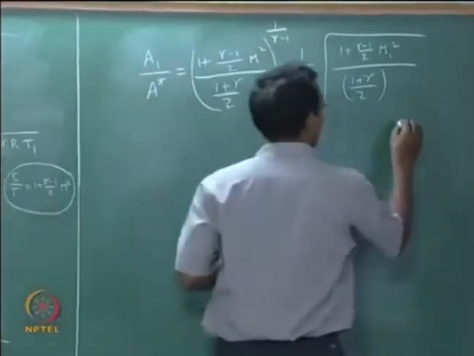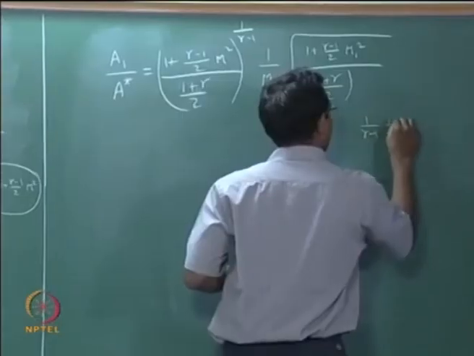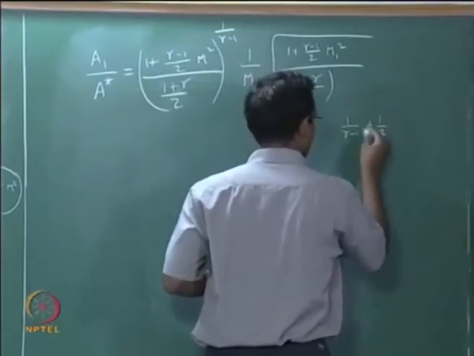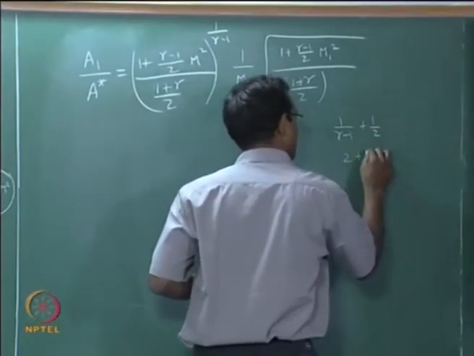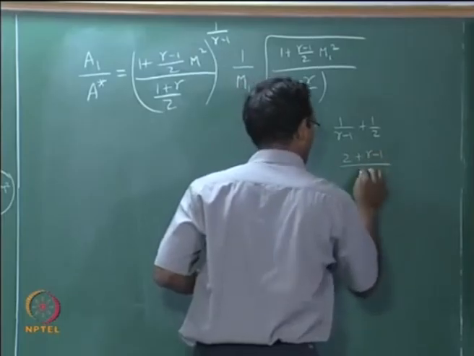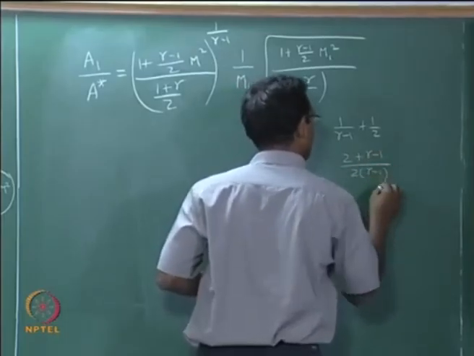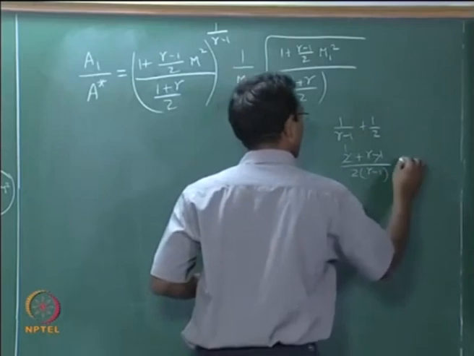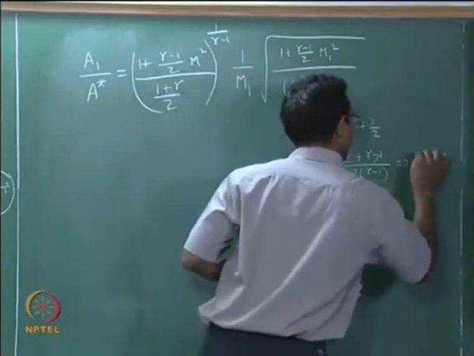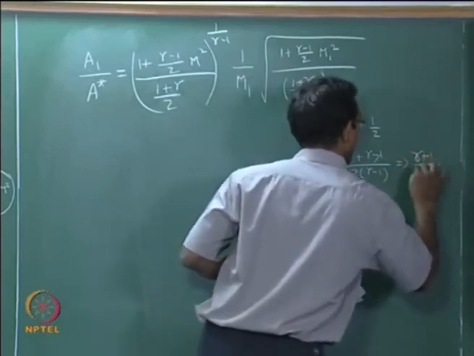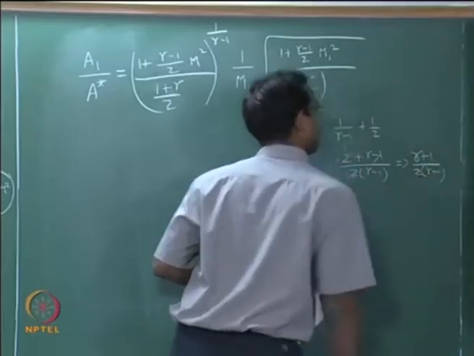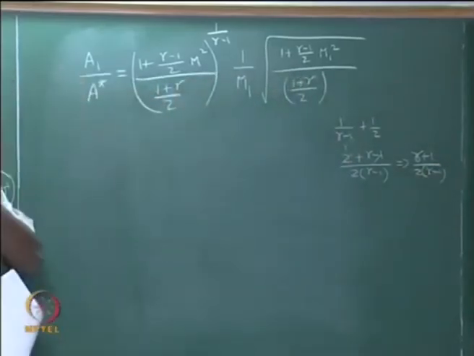So 1 by (gamma minus 1) plus 1 by 2 is 2 plus (gamma minus 1) by 2 times (gamma minus 1). This is going to be (gamma plus 1) by 2 times (gamma minus 1).